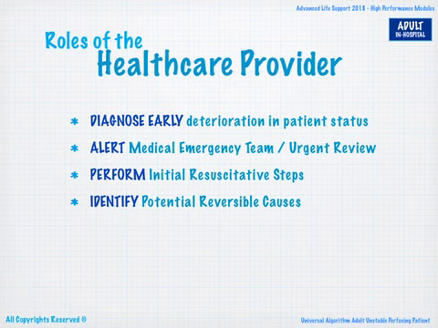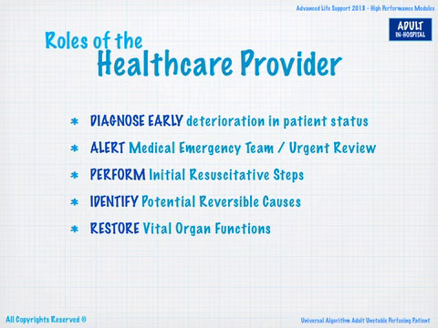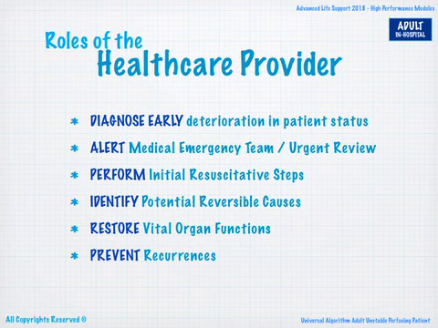In this universal algorithm, we are going to learn a systematic method of thinking about the potential reversible causes of shock in these unstable patients. Once we have identified them, our role is to try to restore the vital organ function as much as possible with certain interventions, and then prevent recurrence of the problem so that the patient continues to improve.